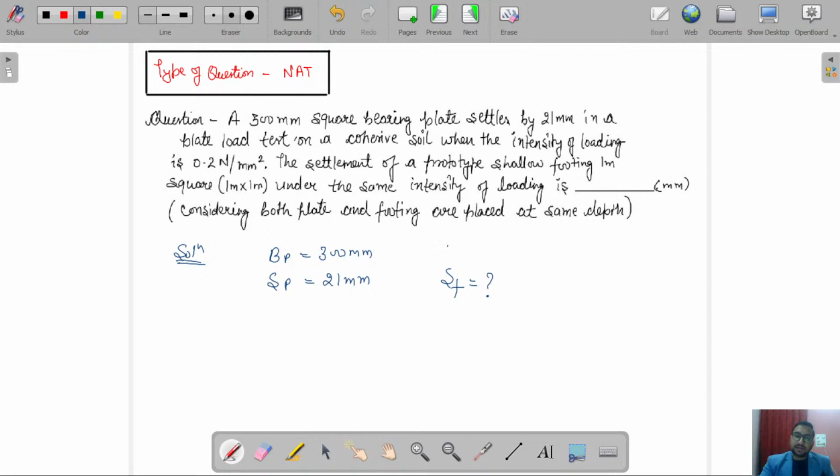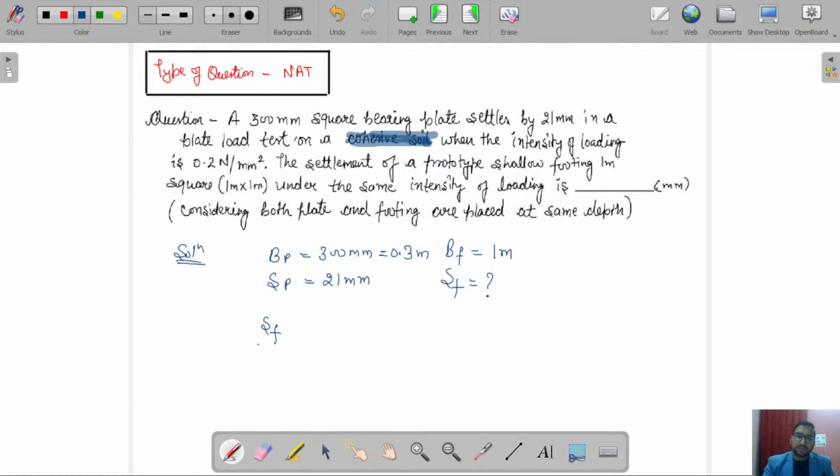The width of foundation is given as 1 meter. Just convert the plate width to meters also, 0.3 meters. Now the type of soil is cohesive soil. It is given here, it is a cohesive soil. It means clay soil. So what will be the relation?